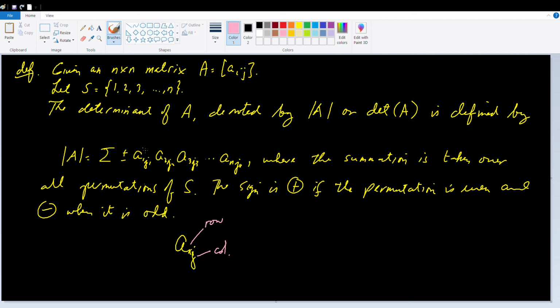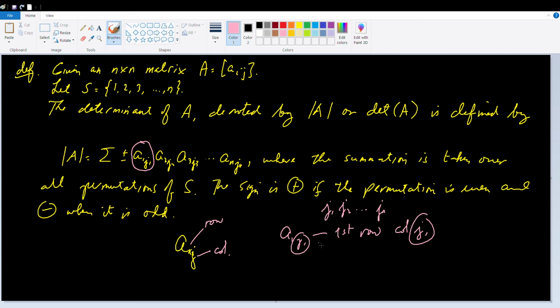So if we are to take the first element A1J1, that means this is the element coming from the first row and the column J1. And J1 is the first number that appears in the permutation J1, J2 up to Jn.